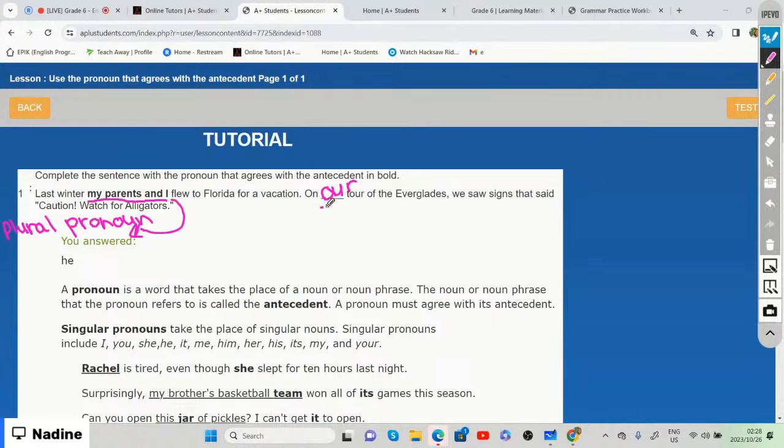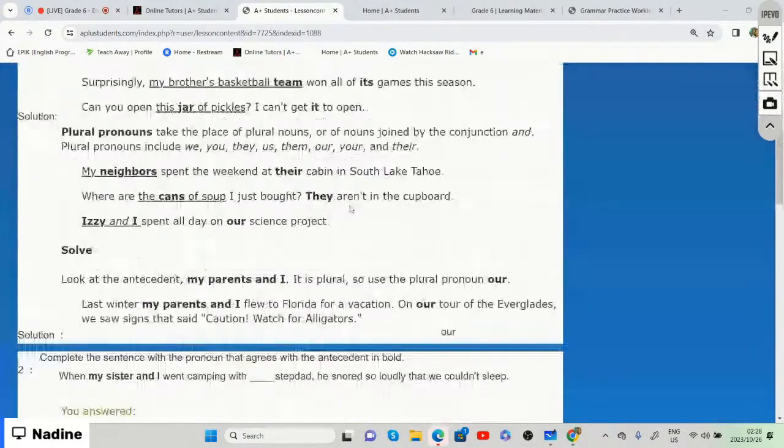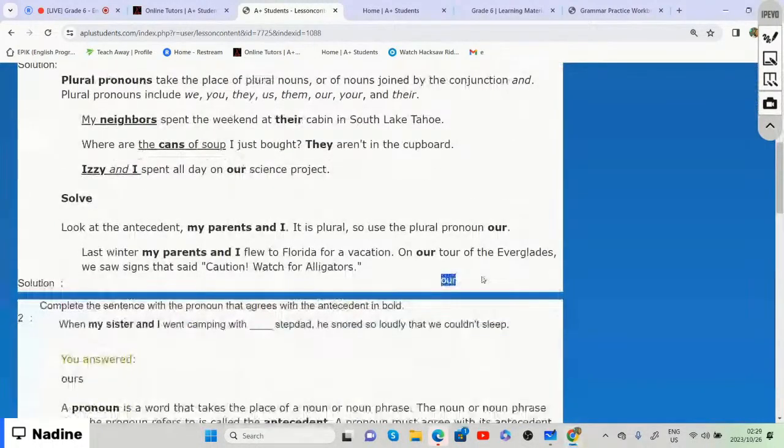So our refers to or represents or agrees with the antecedent, which is my parents and I. And that is a plural pronoun. Our is a plural pronoun. There we have our.